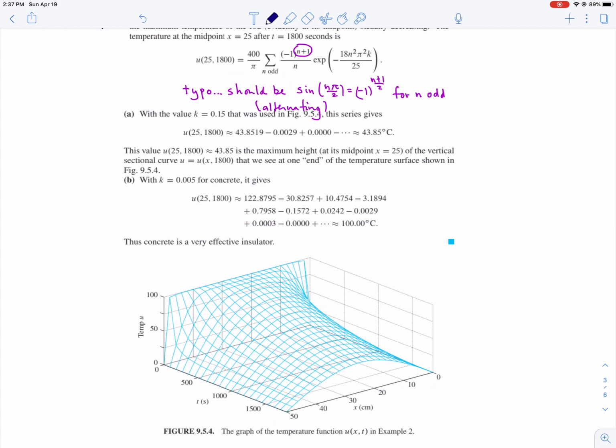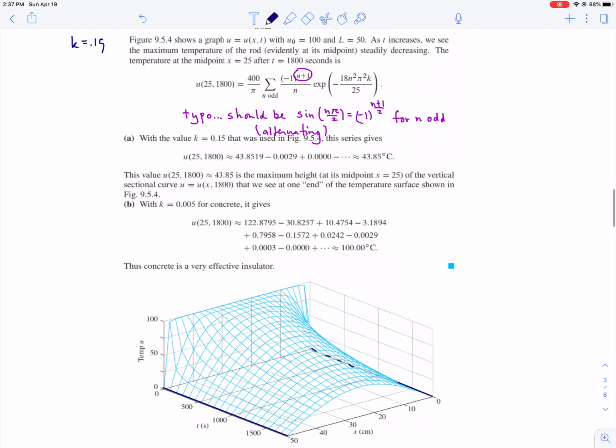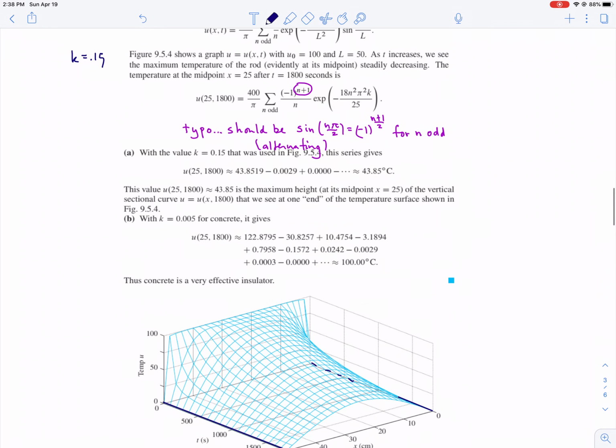So you can see the initial temperature is 100 all along the rod, and then because the ends are dipped into ice water, T equals 0, that keeps the temperature 0 at the end points. And as t increases, more and more heat is getting sucked out of the rod, and that's why you get this kind of parabolic profile of the temperatures at later times, and they're all going down.